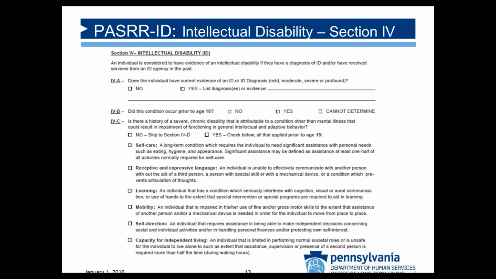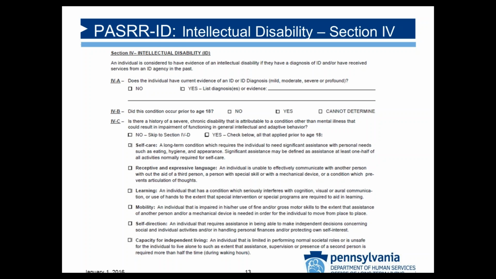One thing we did change is that one of the criteria that can be met for an intellectual disability is that they only need to have one of these functional criteria checked. They must also have the diagnosis, and it had to have occurred prior to the age of 18.